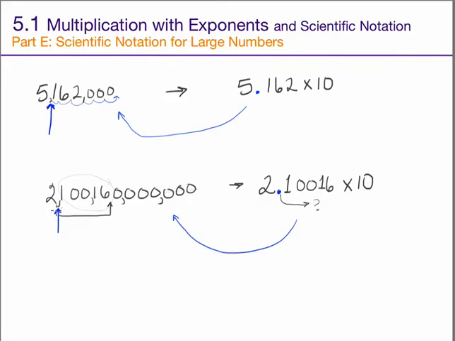So starting from that position, if I count 1, 2, until I get to the end of the number, that tells me how many places I had to move the decimal point. So that's going to tell me what the exponent is. I started 1, 2, 3, 4, 5, 6, 7, 8, 9, 10, 11, 12 places. So the exponent is a 12.